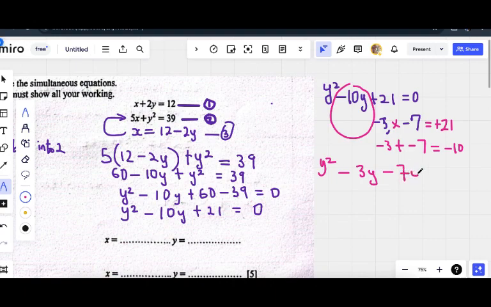So where do we get this minus 3 and minus 7 from? We got that from the factors, from what I just explained. Then plus 21 equal to 0. The reason we did this is so that we'll be able to group.